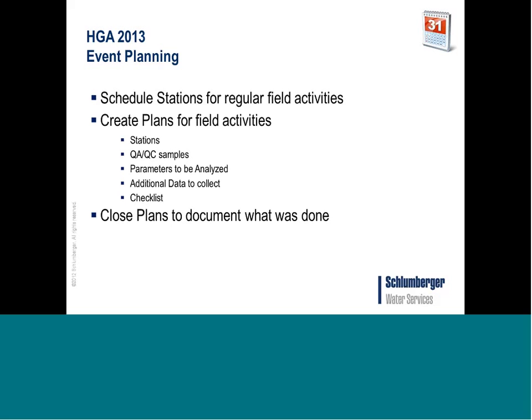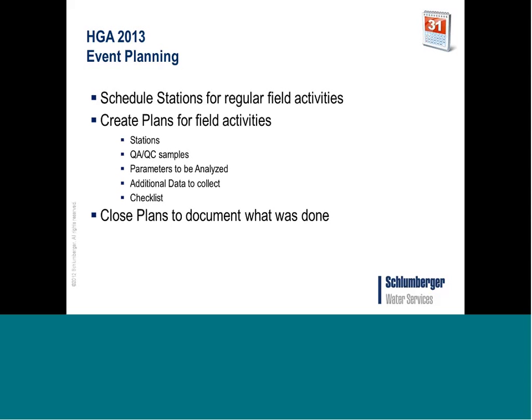And then what you can do is create a plan for the field activities to go and collect information from those stations. Your plans will include what stations you need to go to. It'll allow you to indicate where you need to take QA/QC samples, for instance, if you need to take a duplicate somewhere or prepare a trip blank.